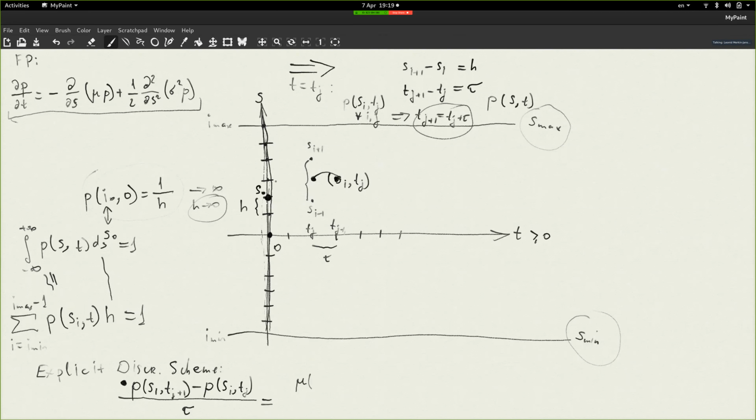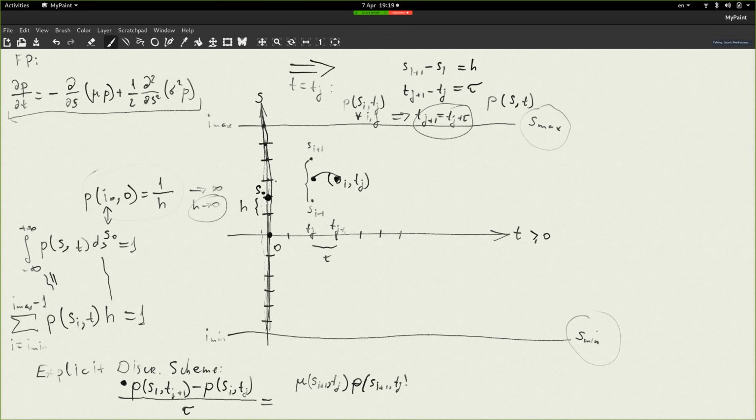So it would be mu of Si plus 1 at tj, times p of Si plus 1 tj, minus, in a similar way, mu in the point i minus 1 tj and p in the point i minus 1.